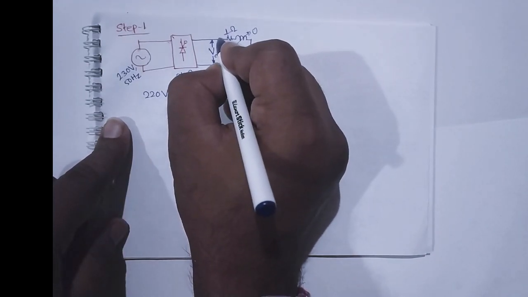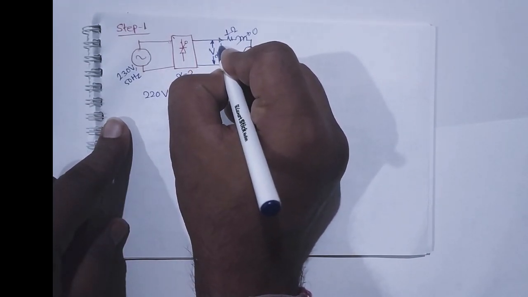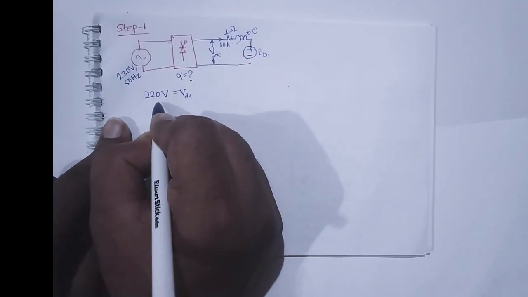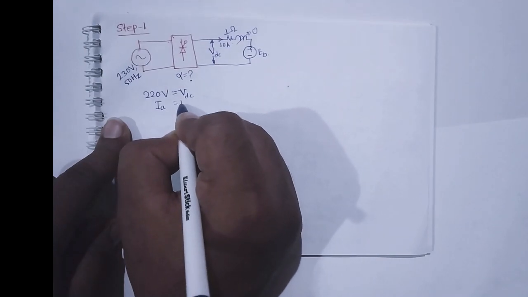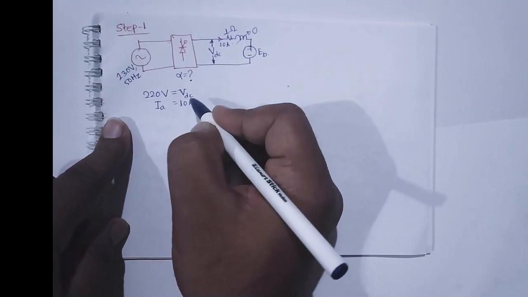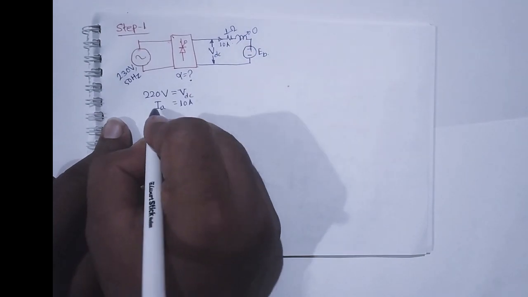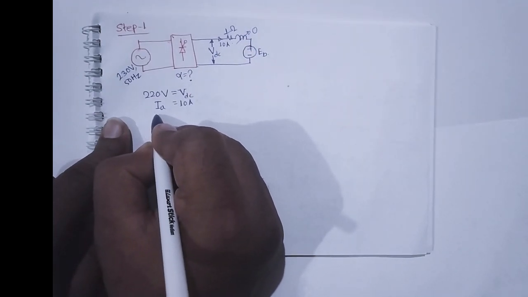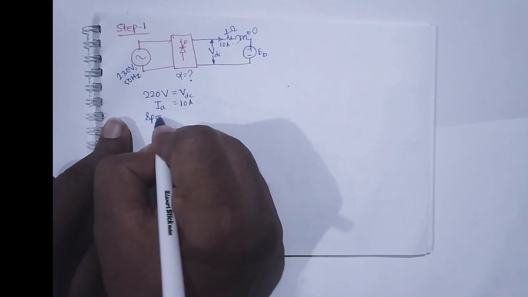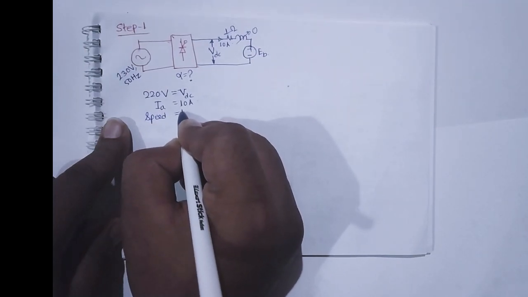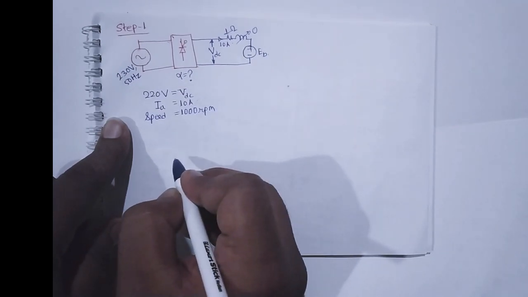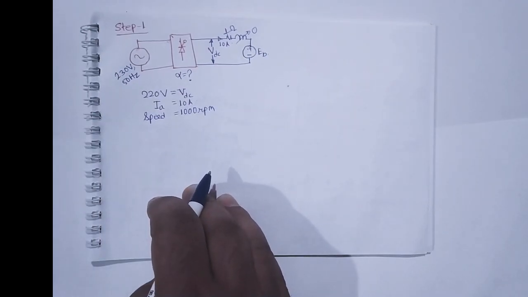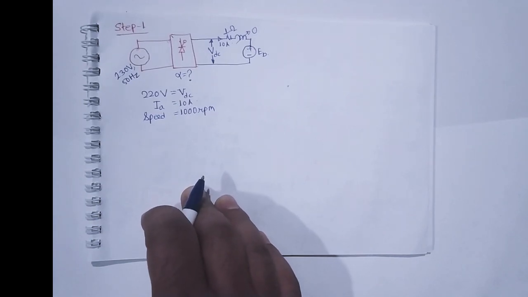The current that is going in this direction is 10 ampere, that is the rated current IA. At this position, the speed of the motor is 1000 rpm. So this is the rated condition given in the question.